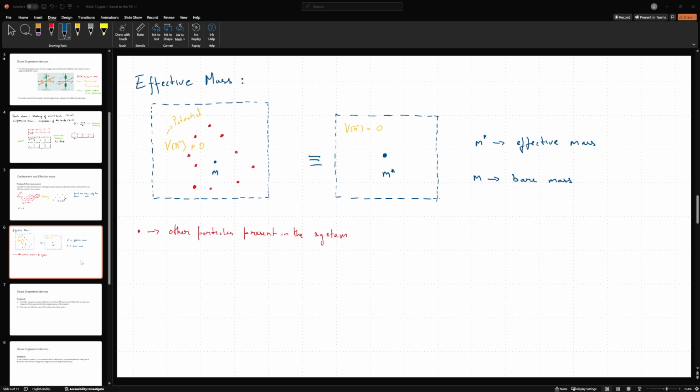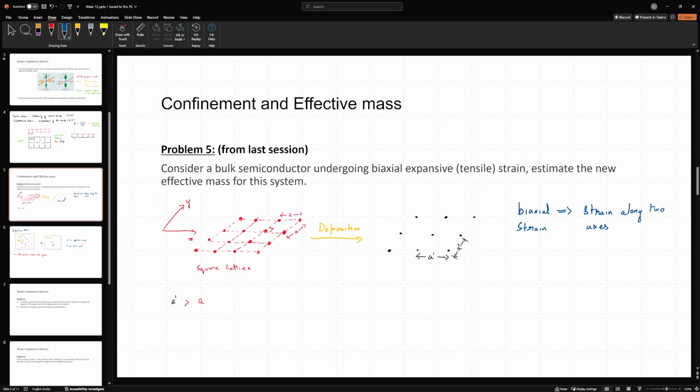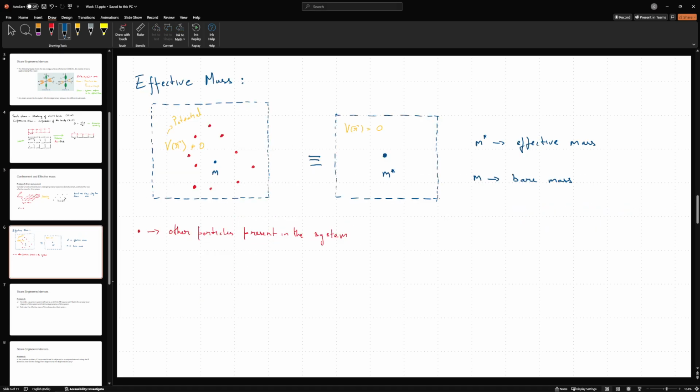Okay, so now the question is, consider a bulk semiconductor. I am going to assume that I have a cubic sample where Lx equals Ly equals Lz equals L. So this is the first part that I assume.